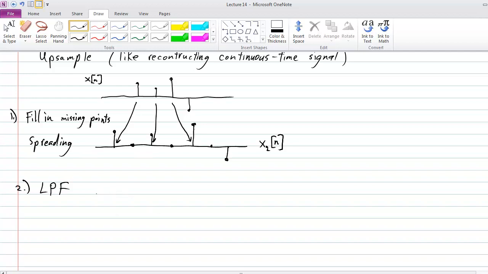So we had these points like this, and we do a low-pass filter, which is equivalent to sinc interpolation at the right frequency. That's like this.